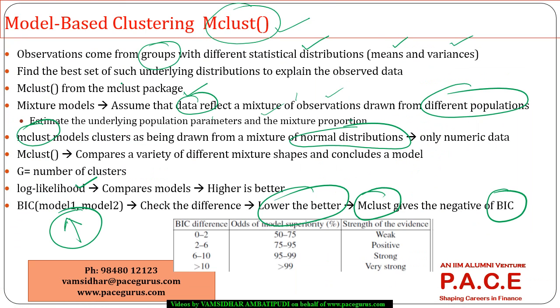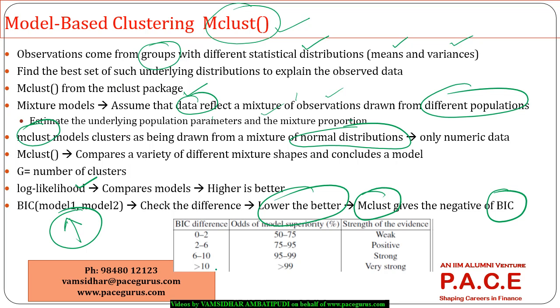But in the real world, when I am using BIC, the lower it is, the better it is. The mclust function reports a pure negative of the actual BIC that is computed. So instead of taking the lower value, we will take the higher value and call it better.